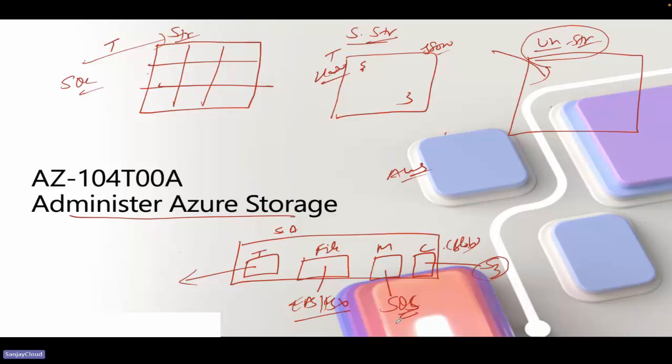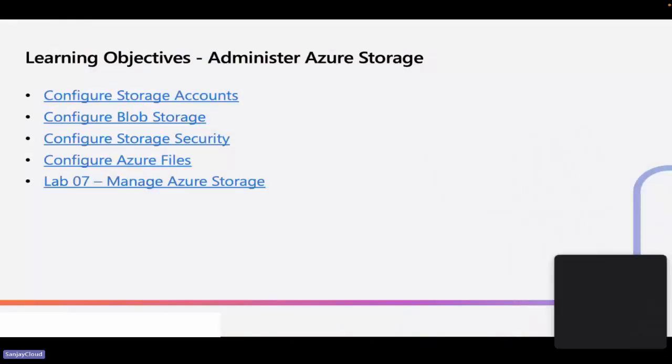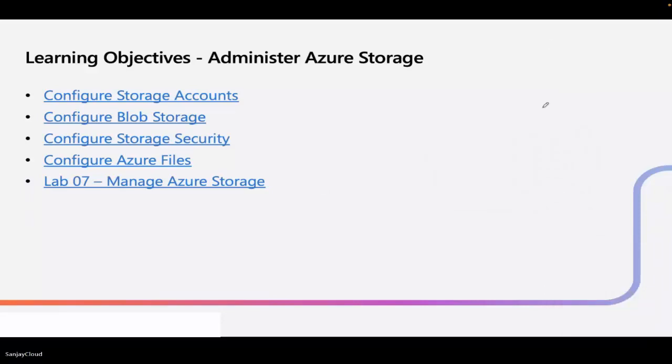For blobs, we have S3 service in AWS. So in AWS, you will get different services. In Azure, we have a single service that is known as storage account, in which you will get all 4 services, for which you will get different URLs, and it will be accessible over the internet using REST API, HTTP and HTTPS protocol.